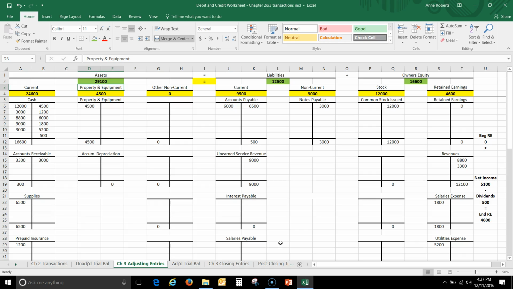So what happens if the entire work week, everybody showed up for work, and that was during the current month, but we don't get paid until the next month? Well, what happens is, again, we have to accrue those salaries, because for the business, the expense is actually incurred in the period in which everybody shows up for work. Okay? So we would have to increase the salaries payable liability, and we would increase the salaries expense.